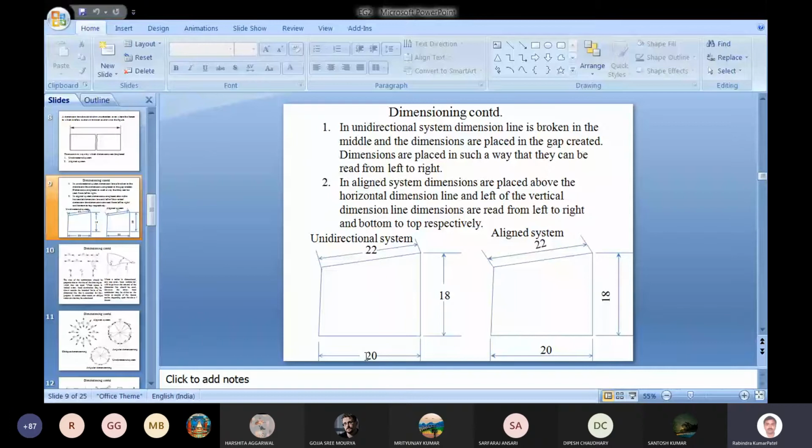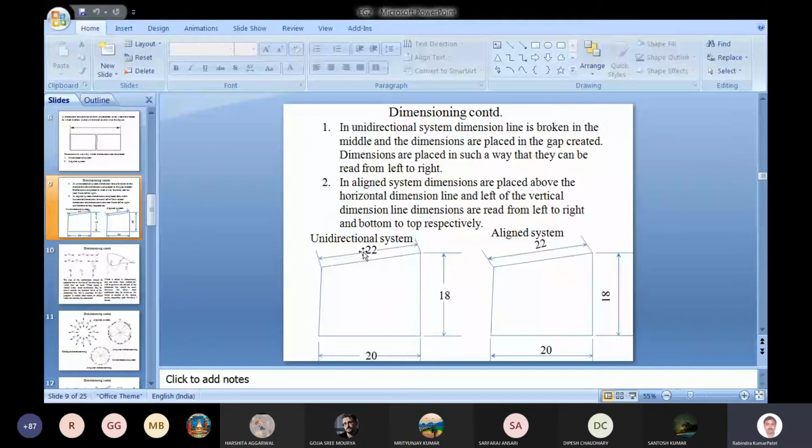Similarly, for a vertical dimension, we will break the dimension line in the middle and then place the dimension value in such a way that it can be read from left to right. And in the third case, where an inclined dimension is there, here also we will place the dimension numeral in the middle of the dimension line by breaking it, in such a way that it should be read from left to right.